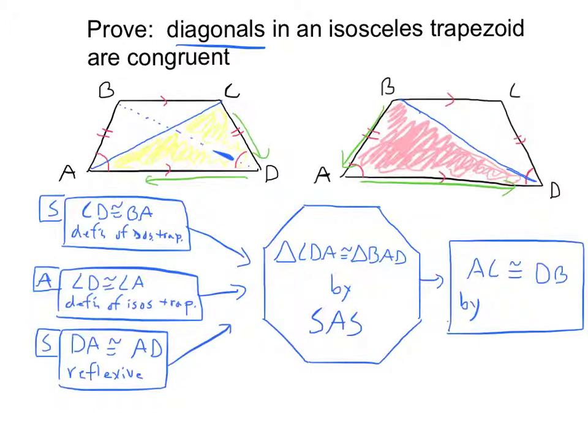Well, we showed that the yellow triangle is congruent to the pink triangle, and AC is congruent to DB because they are the corresponding parts of these congruent triangles, so they must be congruent. Corresponding parts of congruent triangles are congruent. And we set out to prove what we needed to prove.